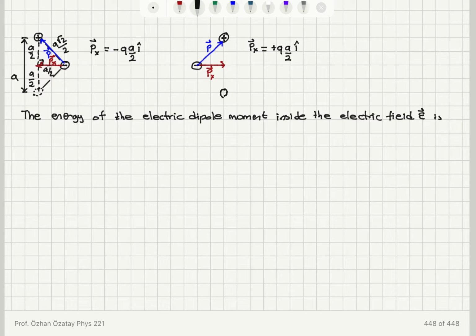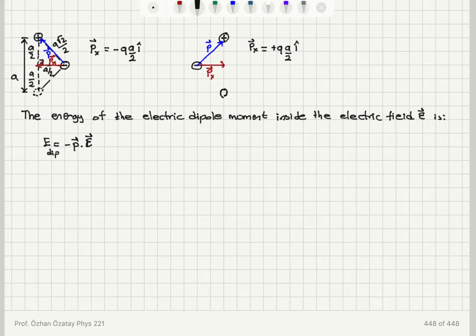This is the dot product, minus p dot epsilon. So if the electric field is pointing to the right, the polarization vector also wants to point to the right so that the energy will be minimized. So this is the energy of a dipole inside an electric field.